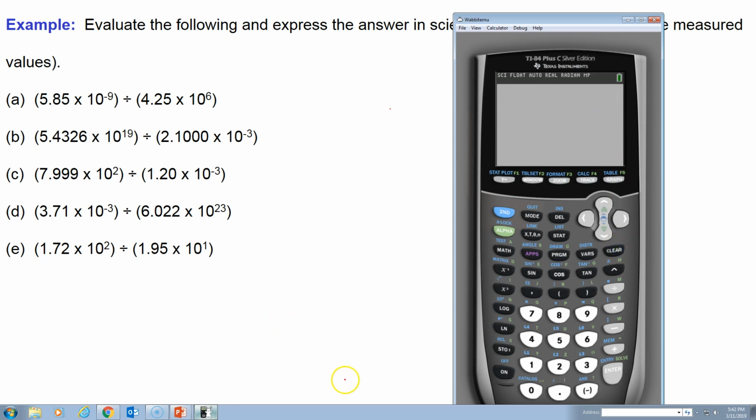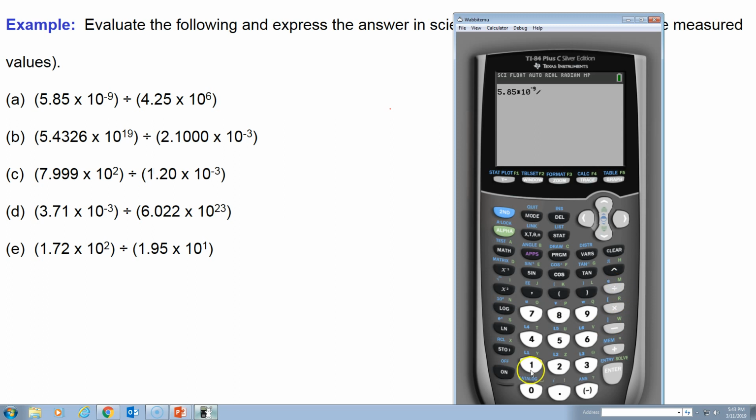I'll do this the wrong way now. If I enter this in 5.85 times 10 to the power of minus 9 divide, we've got to back up one. I want to delete that. Okay. There we go.